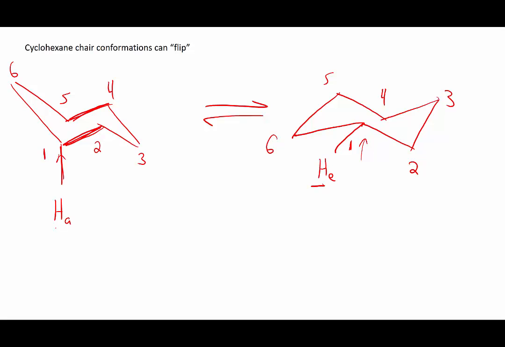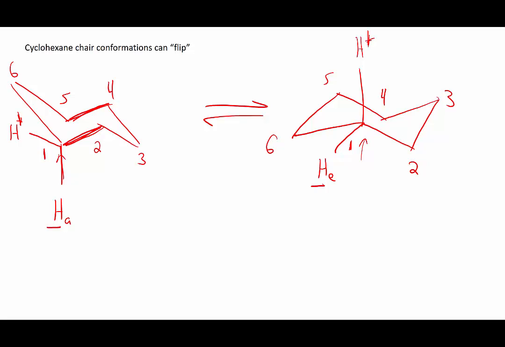These are the same hydrogen. They've just changed their relative position because the carbon has changed as well. If we take a look at the equatorial hydrogen, which is pointing up, it now switches to the axial position, pointing up. So if we put a little star here, this is the same hydrogen.